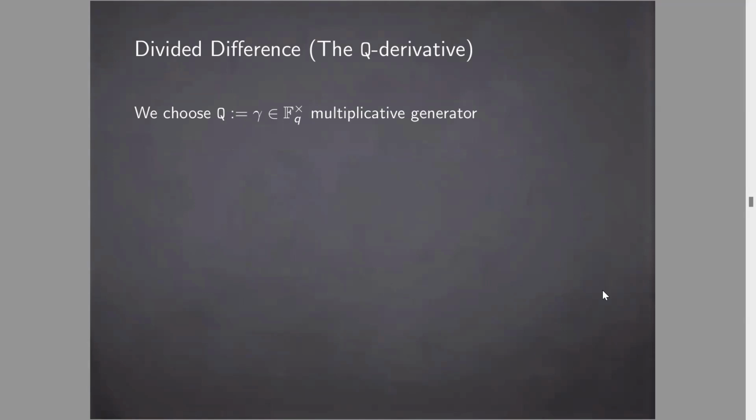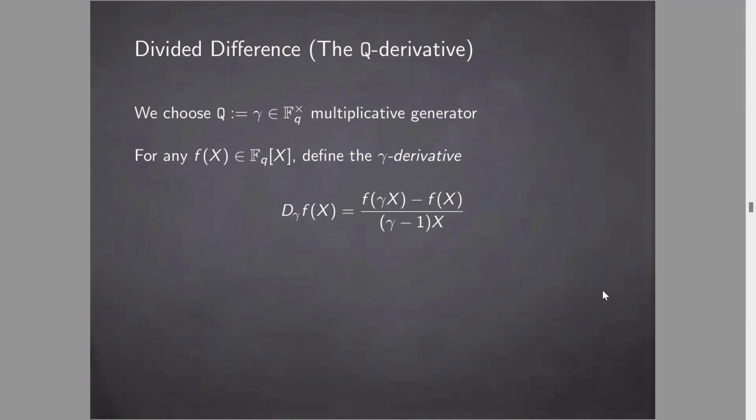It can be chosen to be whatever element we require. We will make the choice that Q is the generator gamma. And for any polynomial f(x), the gamma derivative turns out to be this divided difference, which is just the ratio of f(gamma x) minus f(x) with (gamma minus 1) times x. And we'll denote this by D gamma.